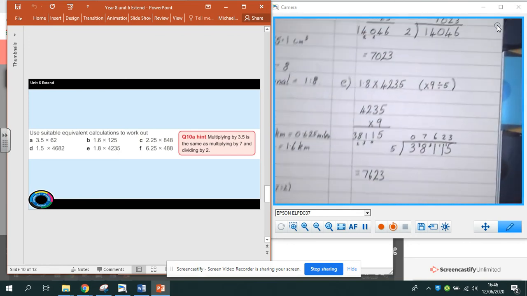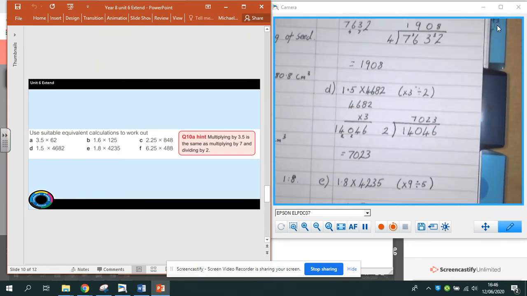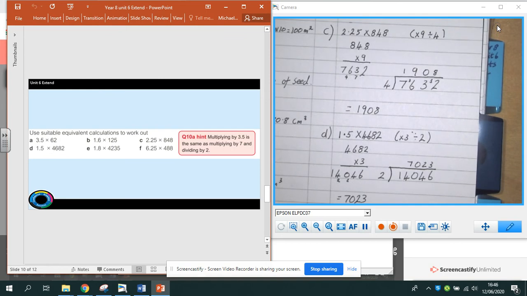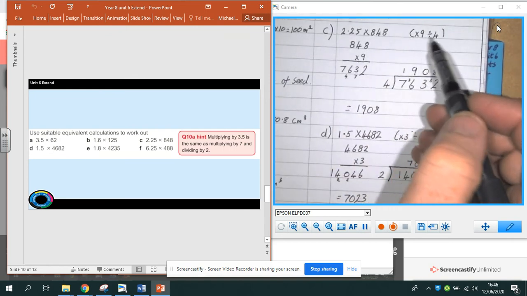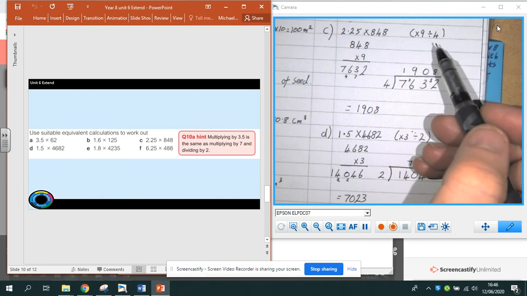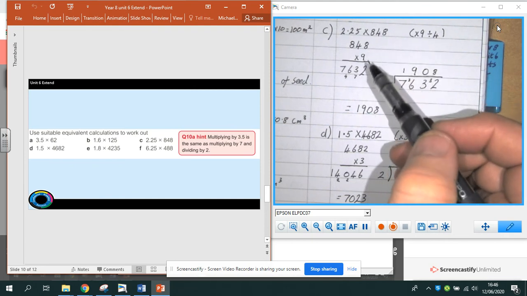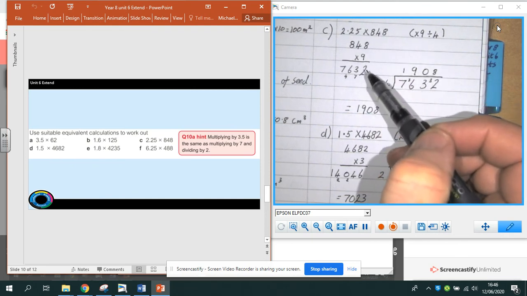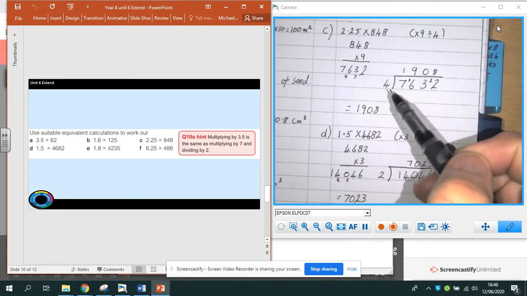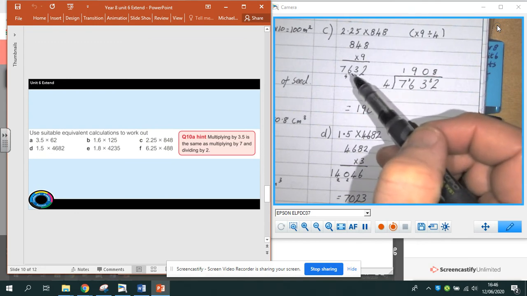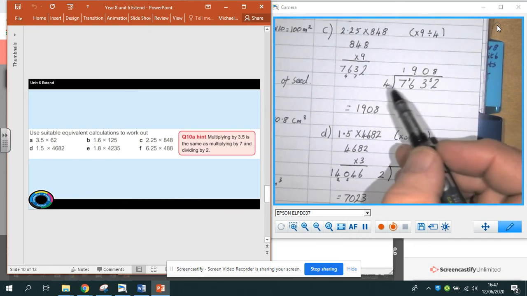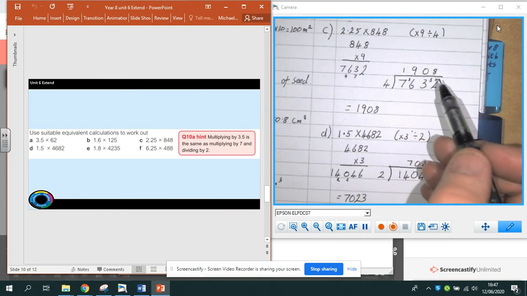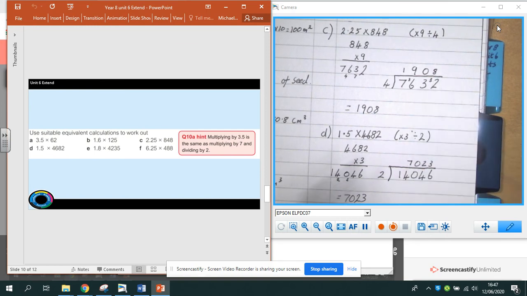The next question, C, I've got 2.25. 9 divided by 4 is 2.25. So I'm going to multiply by 9, 848 times 9, which gives me 7,632, and dividing 7,632 by 4 gives me 1,908.